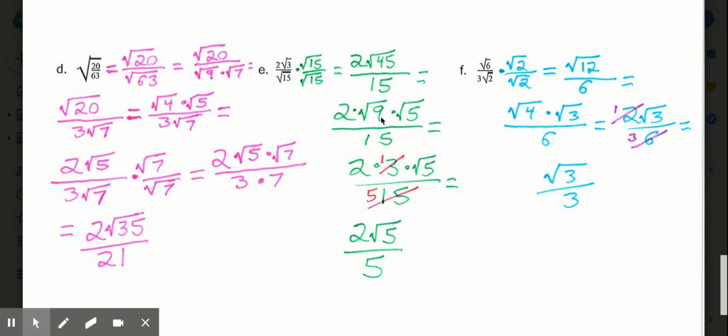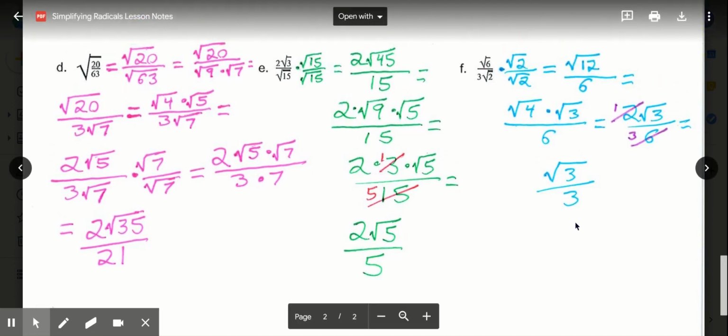So 2 times square root of 9 times square root of 5. Square root of 9 is 3. So we have 2 times 3 times square root of 5 over 15. 3 and 15 can both be divided by 3. So that simplifies to 1 over 5. So on top we have 2 square root of 5, and on bottom we have 5.